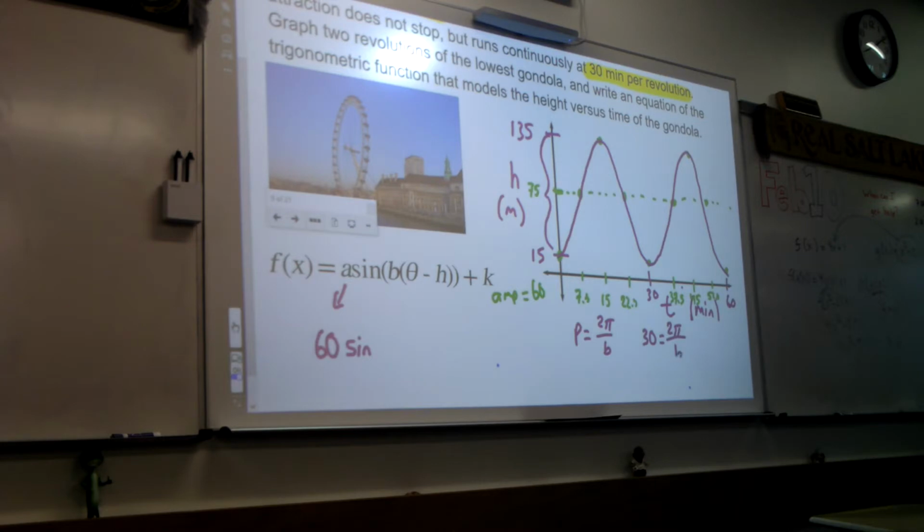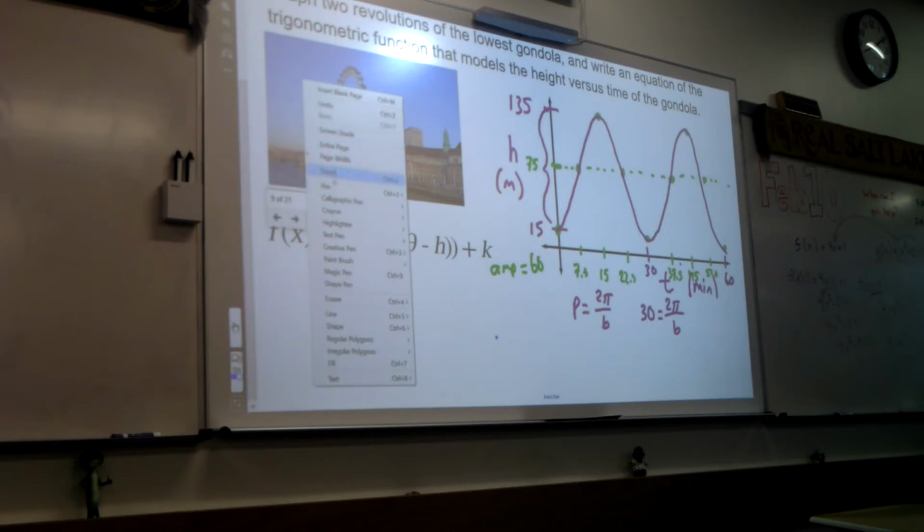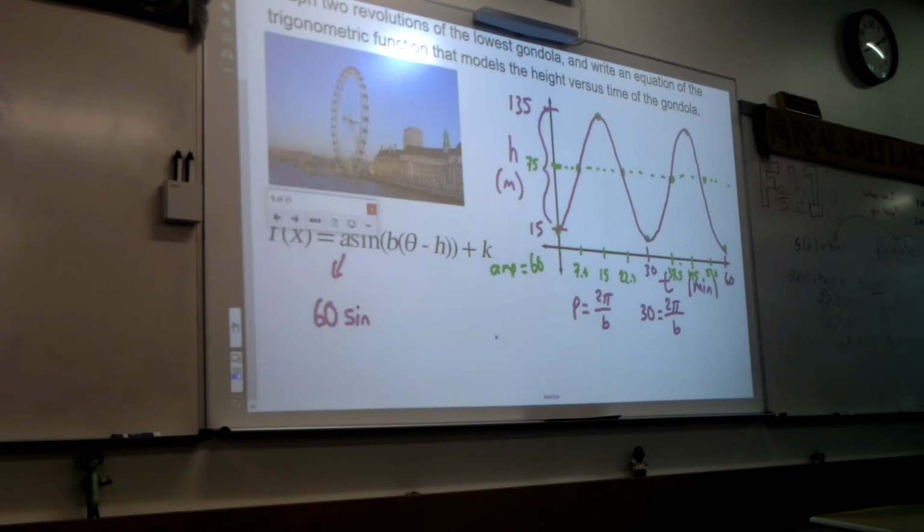So what we need to do is figure out what value of B would give us 30. We're going to do some algebra here and try to solve for B. If B's in the denominator, what's a good first step? Let's multiply by B on both sides. That gives me 30B is equal to 2 pi.